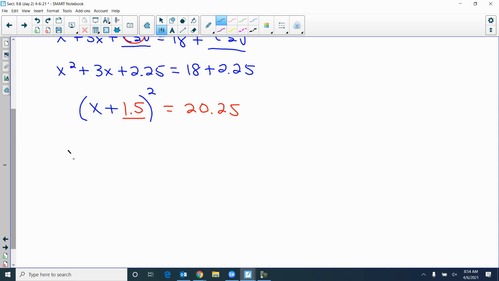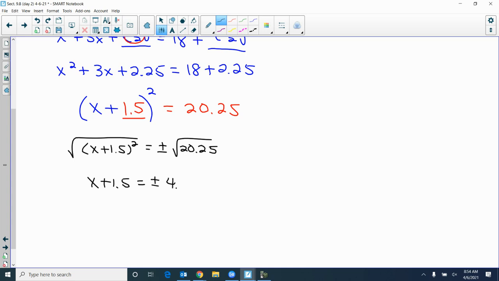So square root equals plus or minus square root of 20.25. And so this becomes x plus 1.5 equals plus or minus 4.5. All right, subtract the 1.5 over, find your two answers. And now on the bottom, where it just says answer, that means I'm giving you a guide that you don't have to do a radical and a decimal.